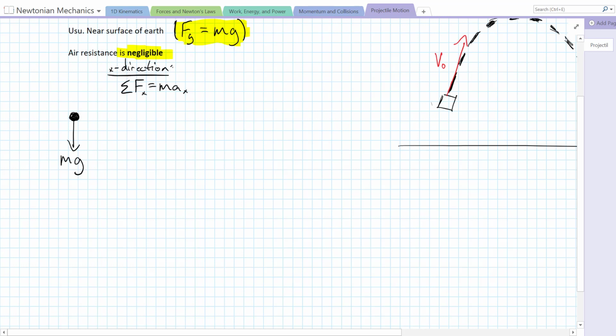That is the horizontal direction always for projectile motion. But there are no forces in the x direction, which means our acceleration is going to be equal to 0. A in the x direction is equal to 0, which means we have constant velocity motion in the horizontal direction.